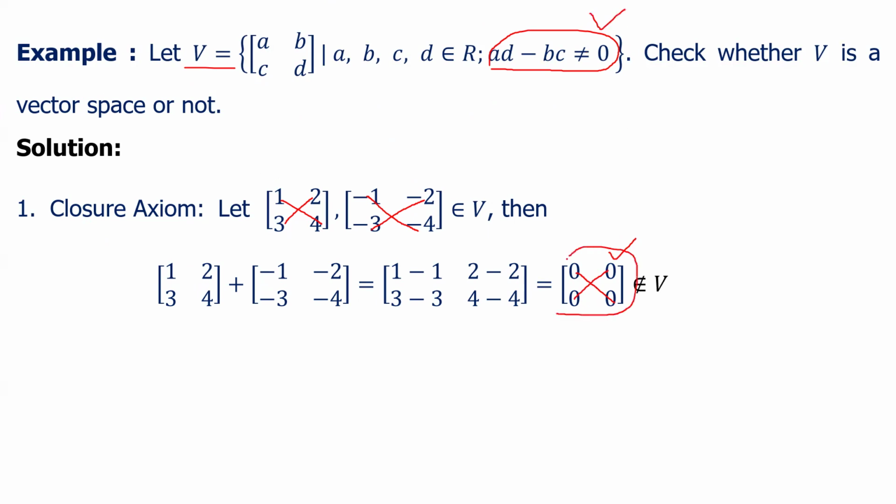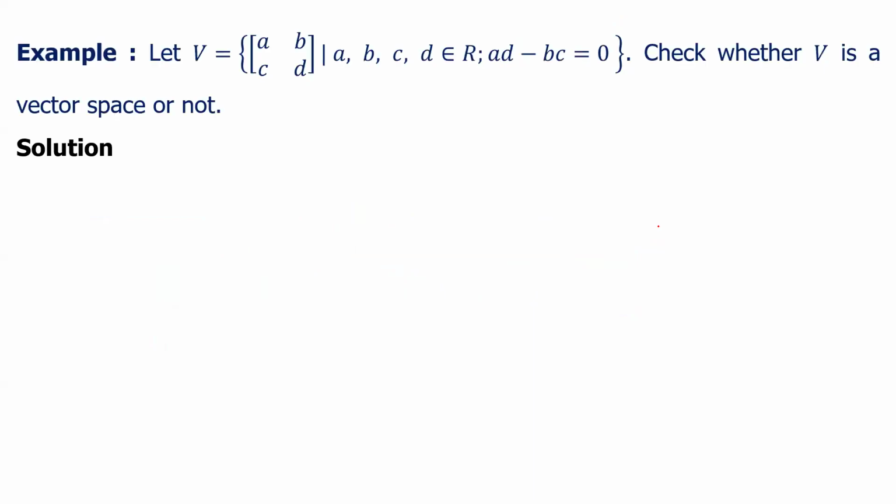This element is not an element of V. We took two elements of V, but the resultant element is not an element of V. Therefore, it does not satisfy the closure axiom. Hence, the given set is not a vector space.